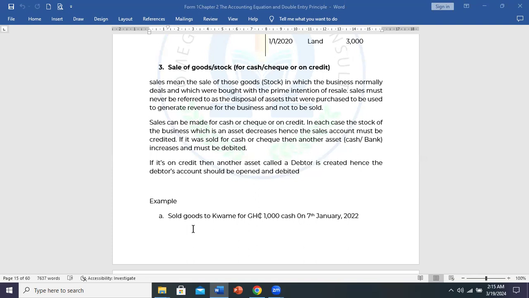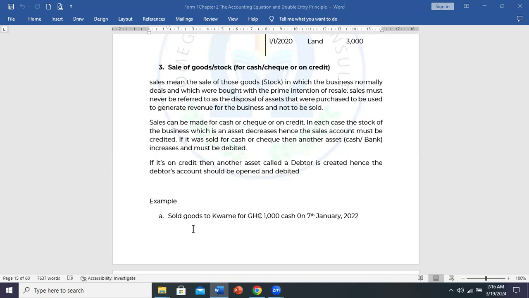If a business, say a bookshop, sells goods, it can receive money, or it may have sold the goods without collecting money. If it took money, then that is called cash sales. If it did not take money, then that is credit sales.